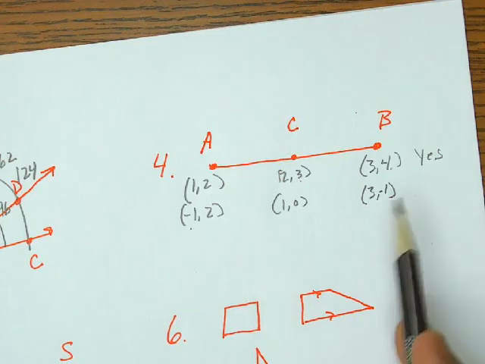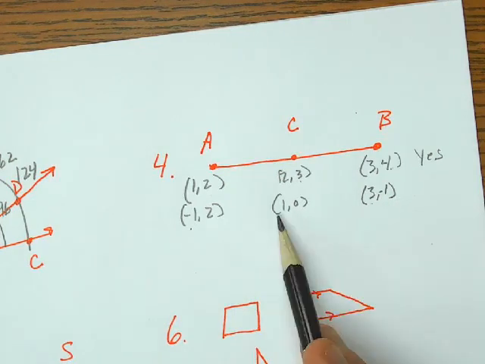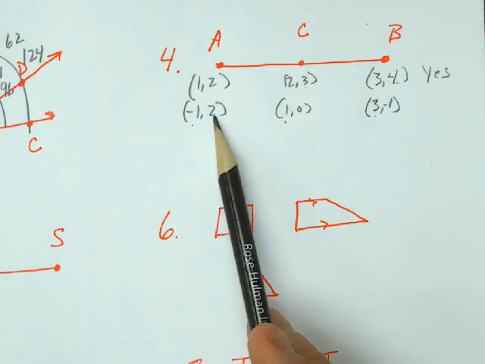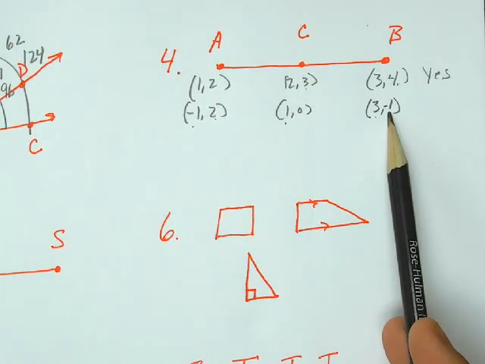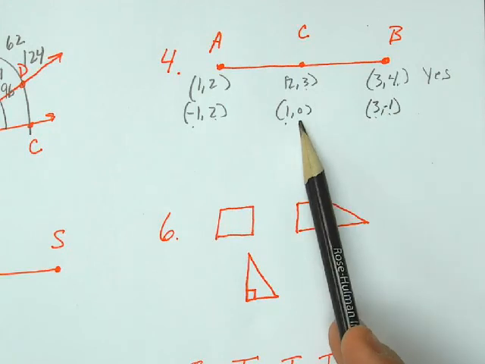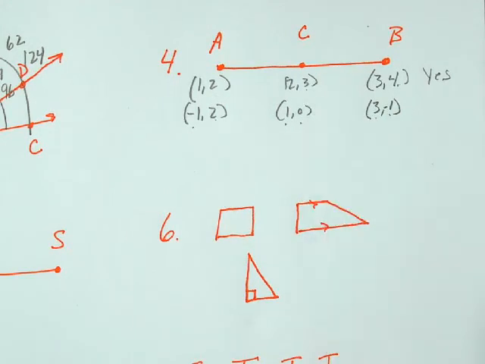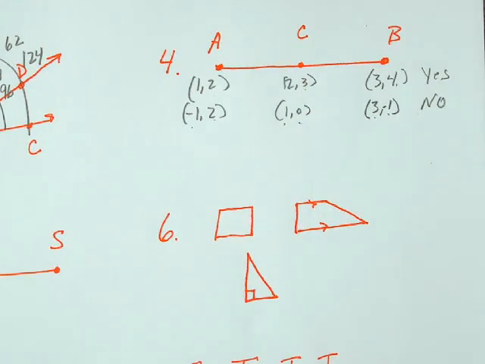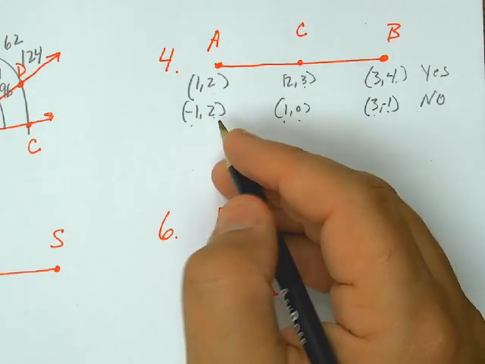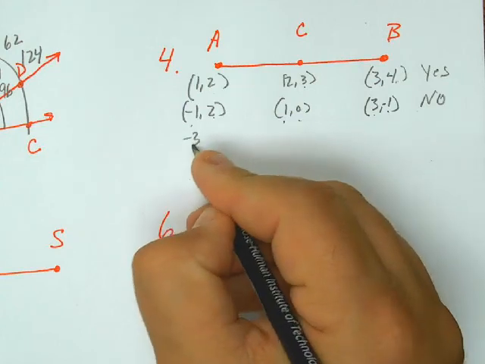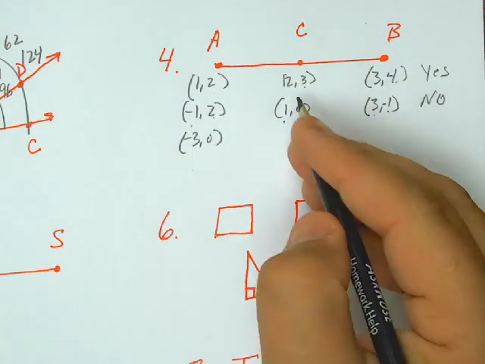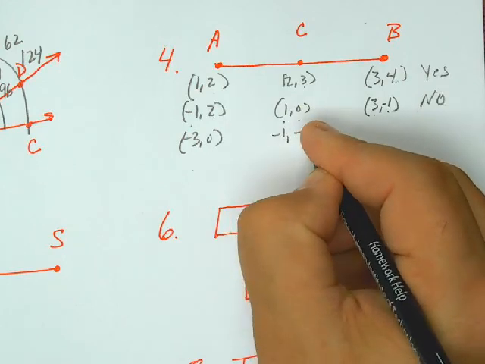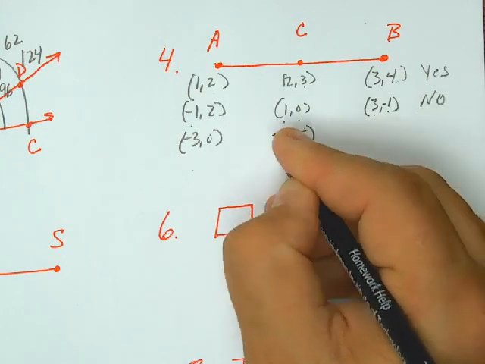Okay, so -1 and 3, what's half of that? That's 1, that works. 2 plus -1 is 1. 1 divided by 2 is 1/2. The 0 doesn't work. So that is a no. Okay, and the last one, we have -3, 0, -1, +5.